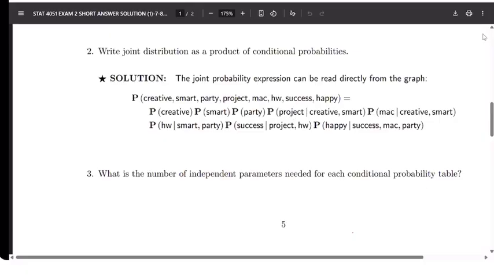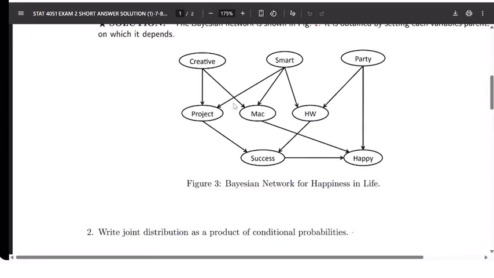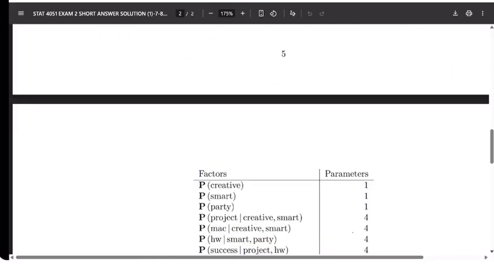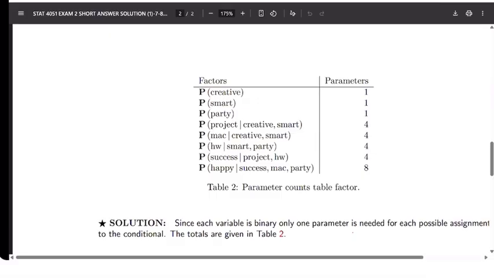But let me tell you this: each of these variables has two states. Somebody is creative or not, smart or not, attends a party or not, completes a project or not, has a mark or not, completes homework or not, has success or not, is happy or not. We have two states for each. But based on the network, this is what I'm expecting from you. Please pay attention.